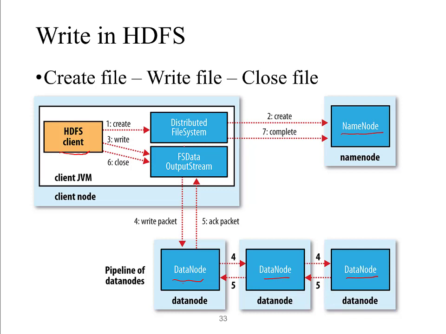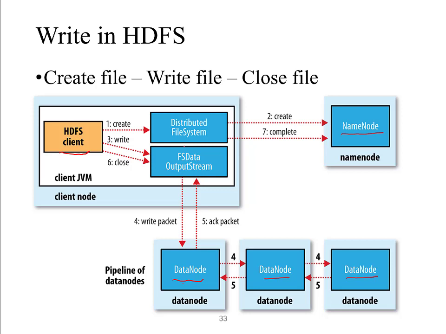Then the name node performs a set of checks to make sure that the file does not already exist in the file system and the client has the right permissions to create the file.